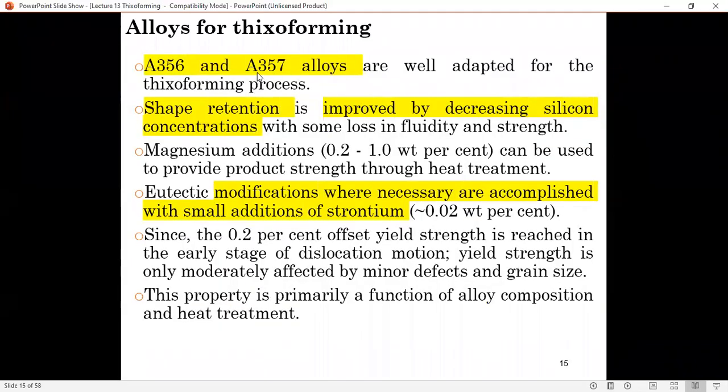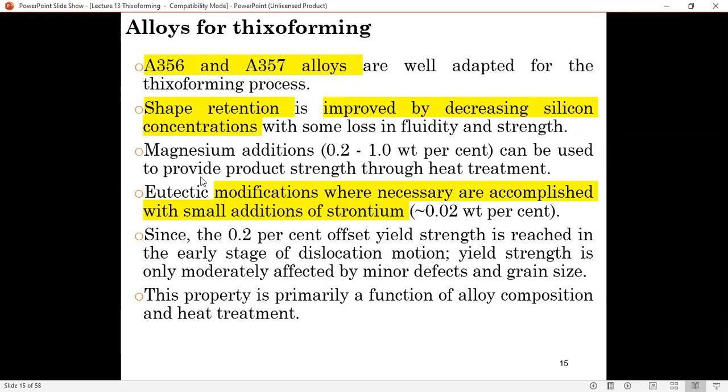As I mentioned, let's say, for example, for aluminium, these two alloys are well adapted for the Thixoforming process. The reason for this is that these alloys have certain components in their alloying elements.